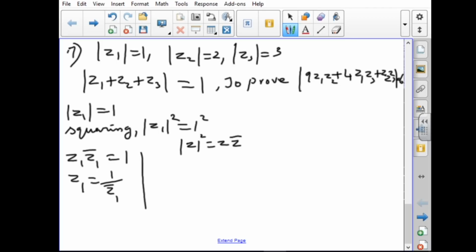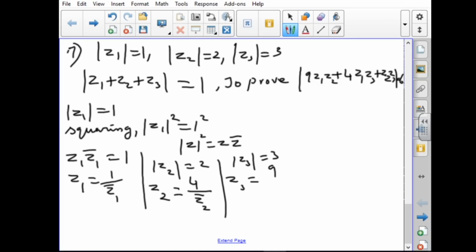Similarly, modulus of z2 is equal to 2, so modulus of z2 square is equal to 4. The same way we get z2 is equal to 4 by z2 bar. And modulus of z3 is equal to 3, therefore z3 is equal to 9 by z3 bar. That is conjugate, z2 conjugate, z3 conjugate and all this.